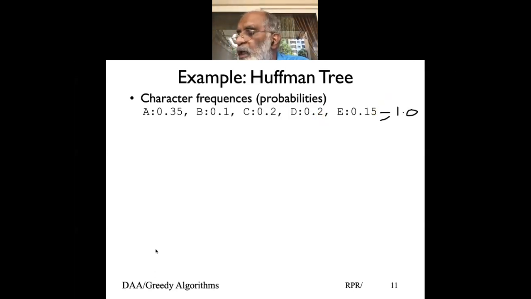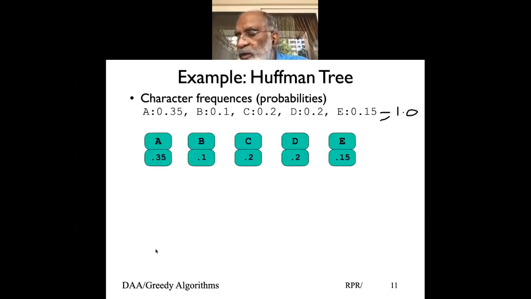And now how do you go about it? Let's say we have 5 nodes: A with a weight of 0.35, B with 0.1, C with 0.2, D with 0.2, and E with 0.15. Now we look at the two nodes with the lowest weights.